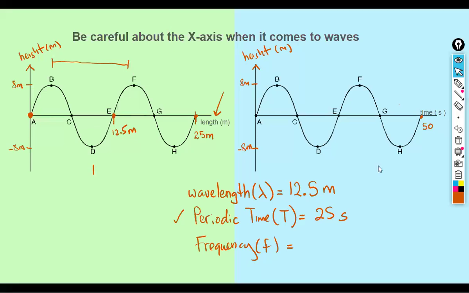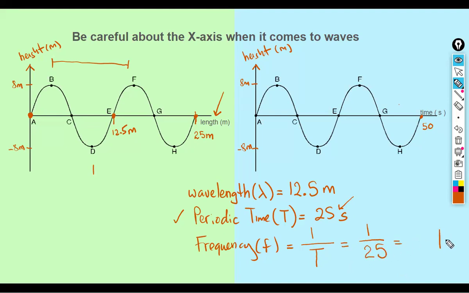Remember, the formula to calculate frequency is 1 divided by the periodic time. That was a standard formula. So to calculate the frequency, the 1 always goes on top, and you always divide it by what? The periodic time, which is 25.